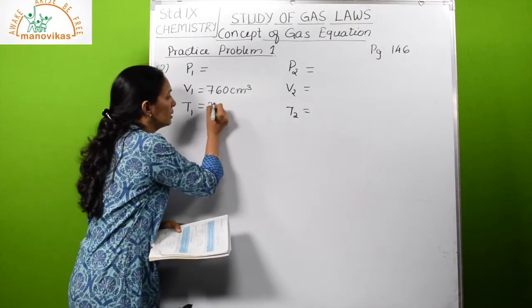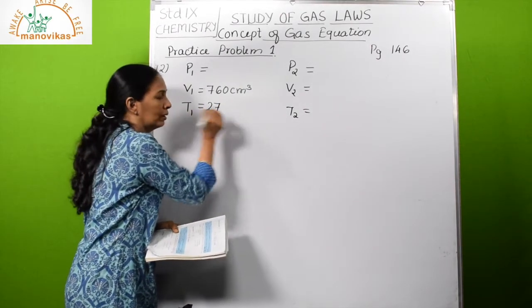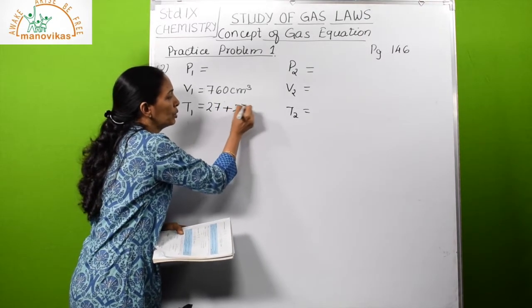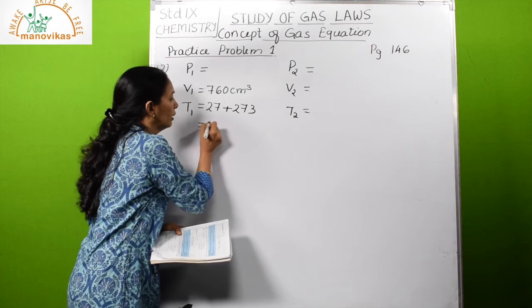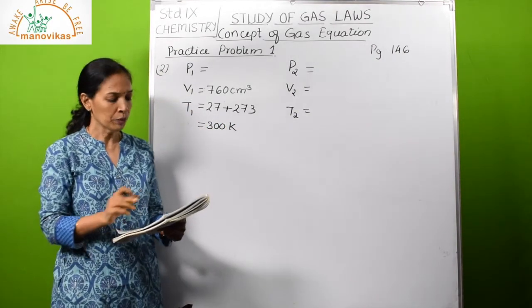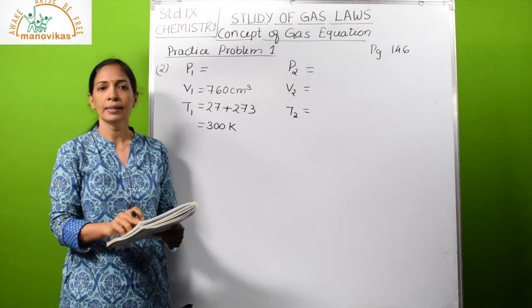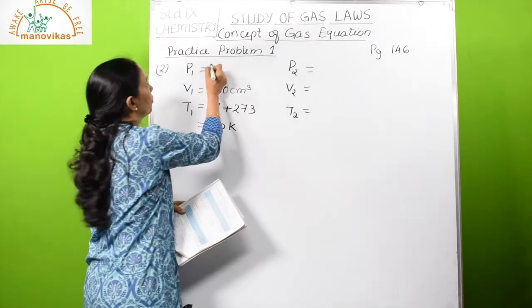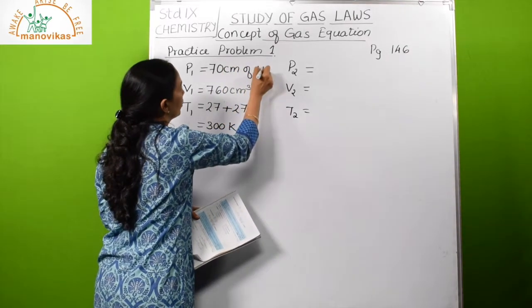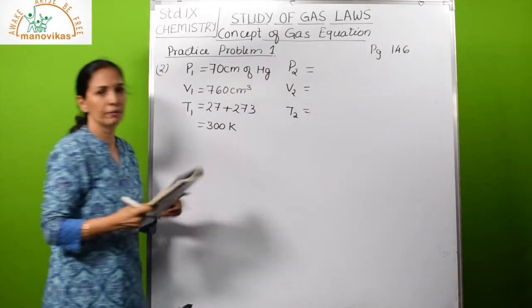So 27 is the value given here, which you have to add with 273 and you will get 300 K. And 70 centimeter of mercury, so pressure is 70 centimeter of mercury. These are the given values.